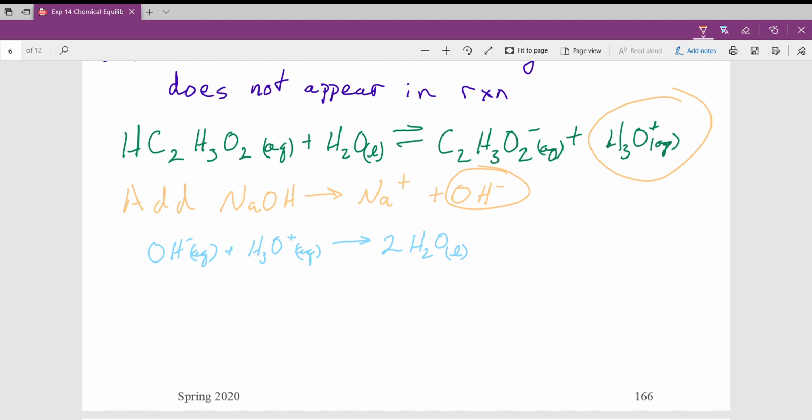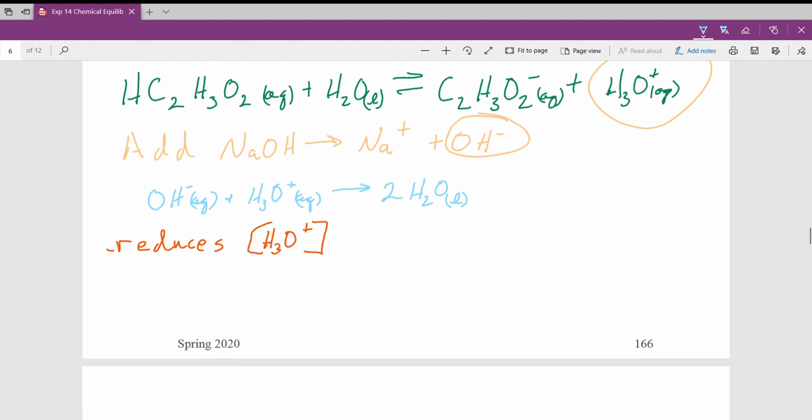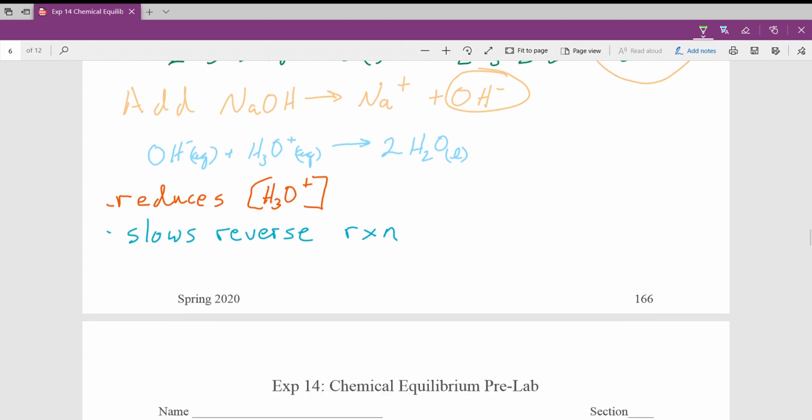Okay, so what does that in effect do? That reduces the concentration of H3O plus. Okay, so that slows the backwards reaction. Slows the reverse reaction. So therefore, relatively speaking, that backwards reaction is going slow compared to the forward reaction.